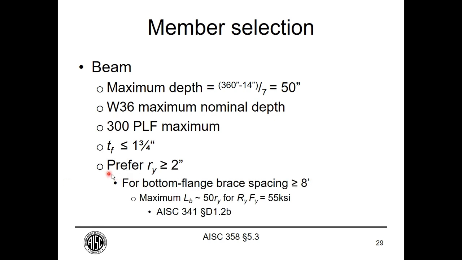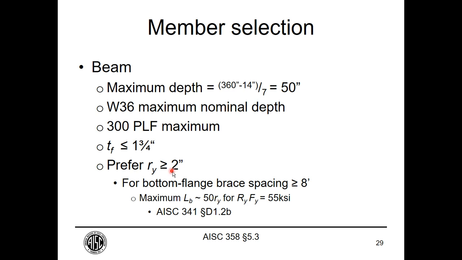As a suggestion, and we didn't do it in this design example, but this is the appropriate place to consider it: look at the r_y of the beam that you're selecting, because if your r_y is, say, 2 inches, your maximum unbraced length for a 50 ksi material is going to be about 50 times r_y, so that's about 100 inches. So a lateral brace at about 100 inches or about 8 feet, that seems okay.